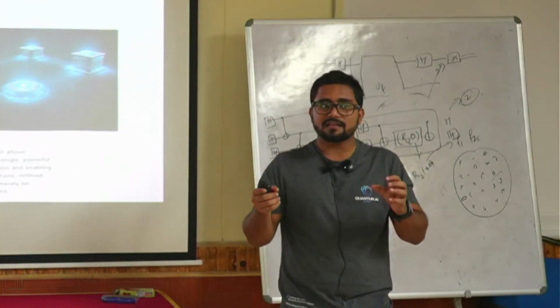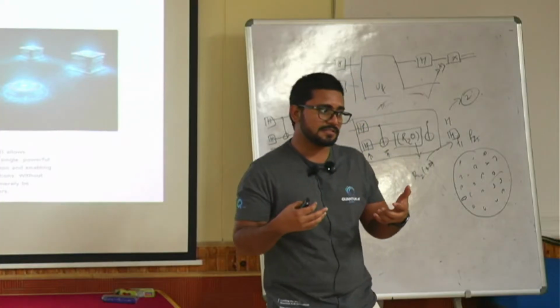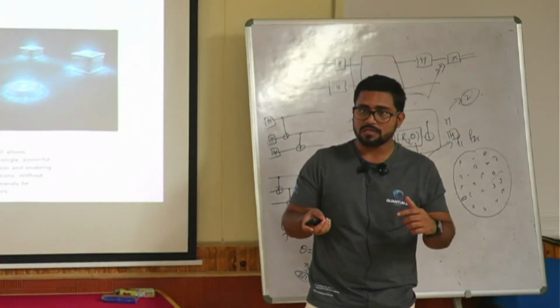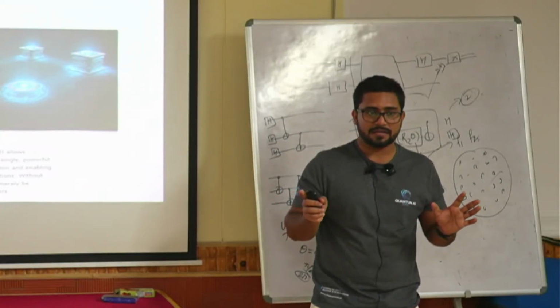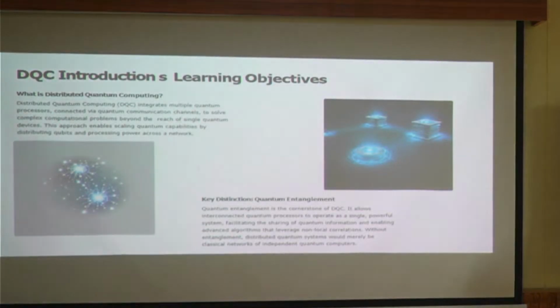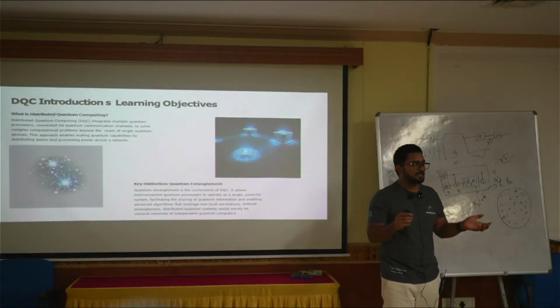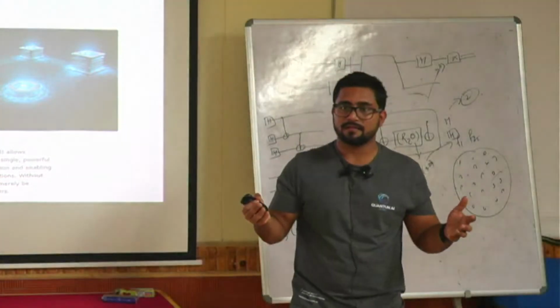A single processor cannot do the job, but combined multiple processors, either local or non-local, can conduct a very enormous computation. The distinction here is that we use entanglement, which is a non-local phenomenon.